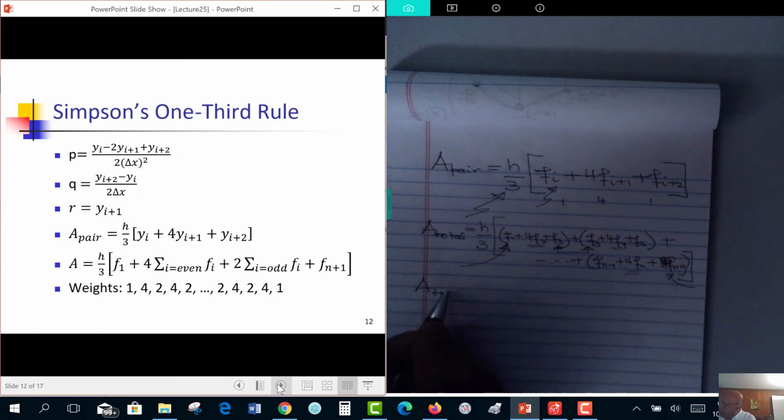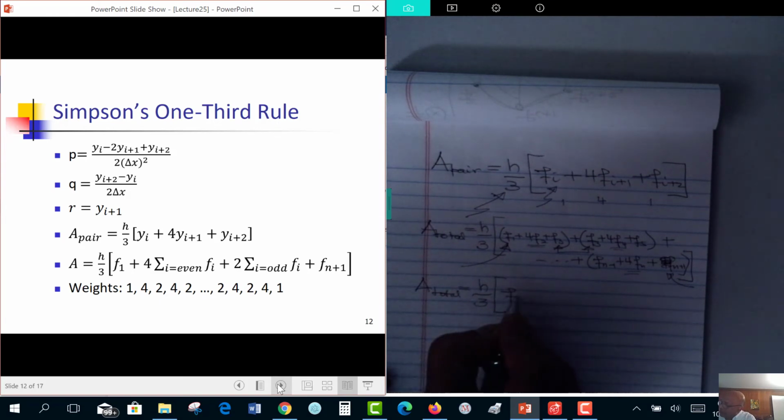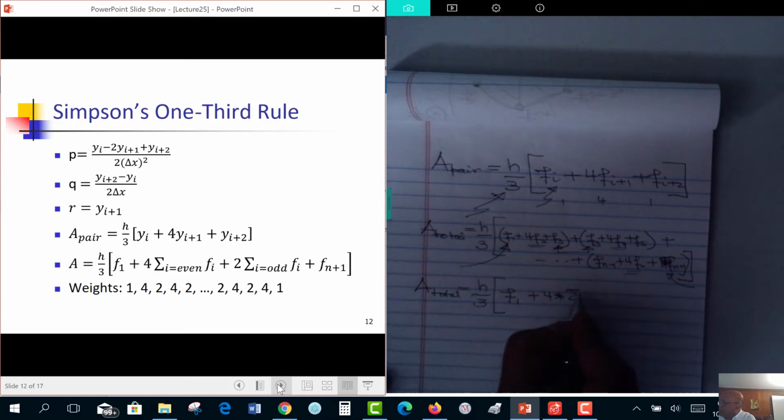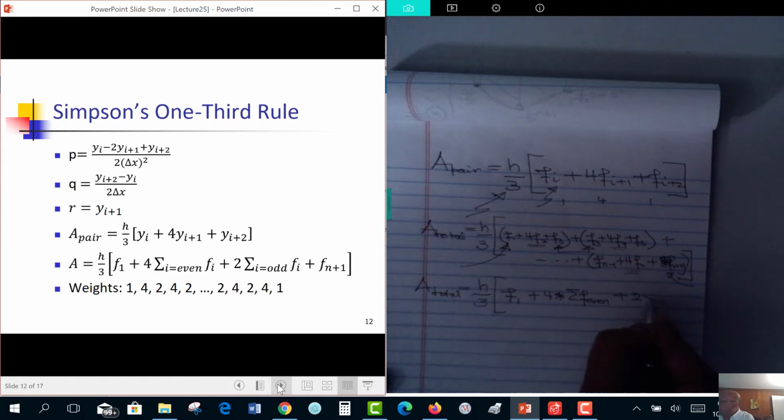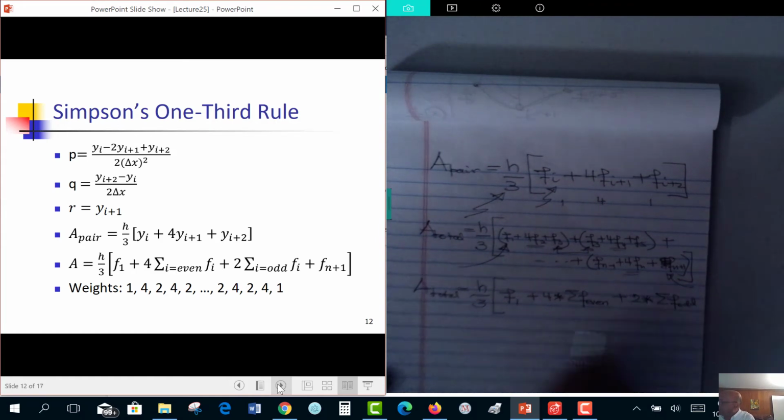A total is h over 3, first function value, 4 times all even numbered function values inside, 2 times all odd numbered function values inside, and then of course the last function value.